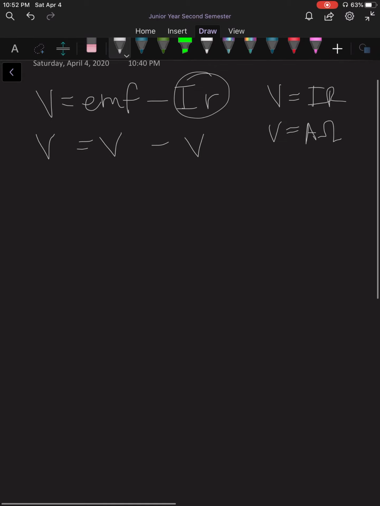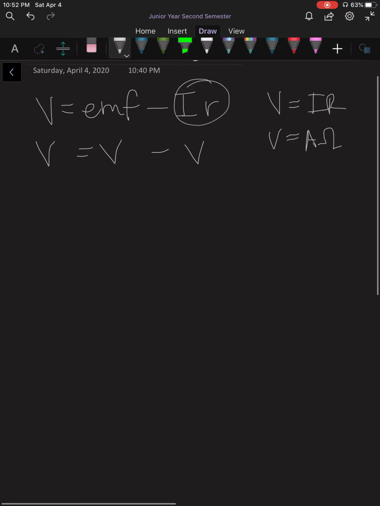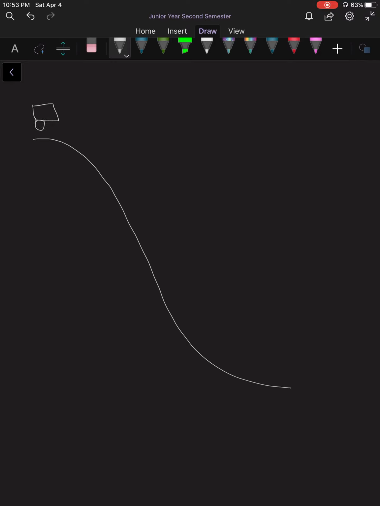So I'm going to use an analogy first to see if that helps explain EMF, or the electromotive force. So we know that at the top of a hill, a car has some potential energy. Let's say in this instance, the potential energy is equal to 120 kilojoules.